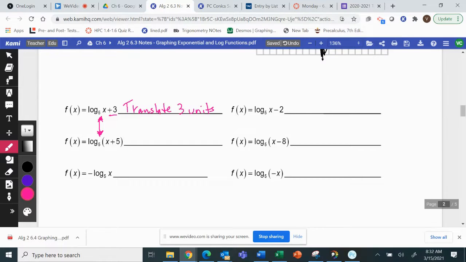Which one of those do you guys think is horizontal, top or bottom? The bottom one is horizontal. We can tell it's inside because it has parentheses. So this one's got to be vertical. So which way is it translating, Joel? Up. Yes. So when it's vertical, we just use the same sign. So +3 would make it go up.